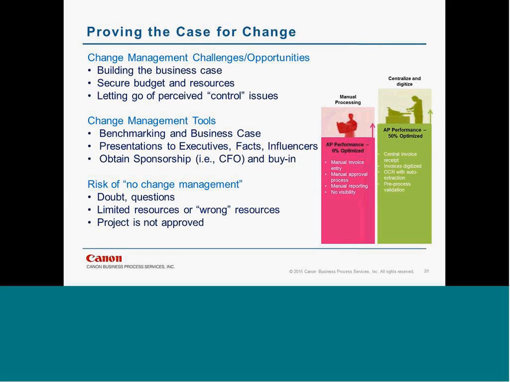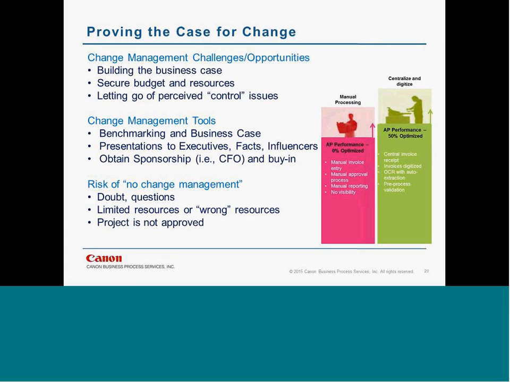The emotion attached to things like letting go is really important in how you position and how you communicate. What's the risk of not having a strategy around this? Without question, you might end up with the status quo, not having the project approved.